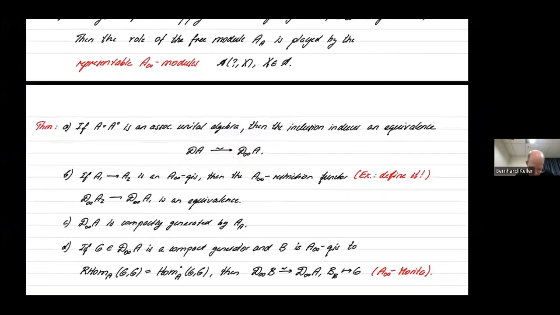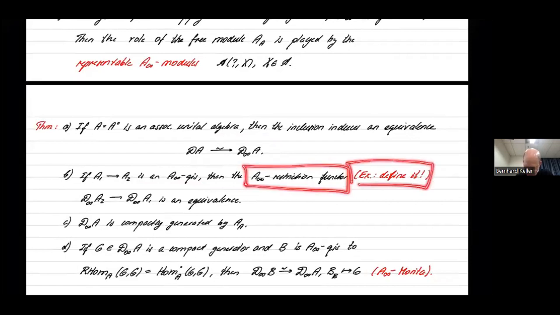Then, if we have an A infinity quasi-isomorphism, it is not hard to define an A infinity restriction functor. It's not entirely obvious, but it's an easy exercise to define this functor, and this functor will become an equivalence.